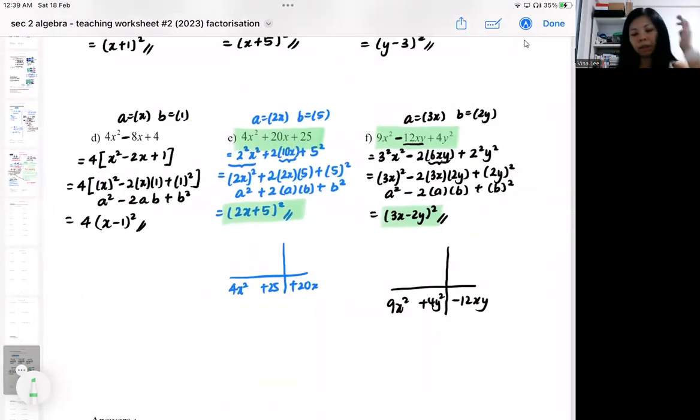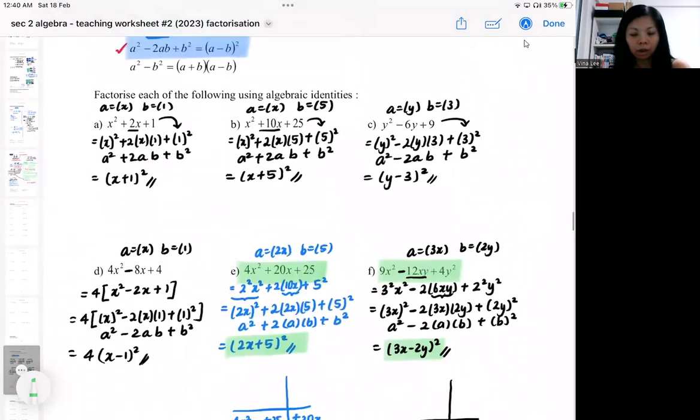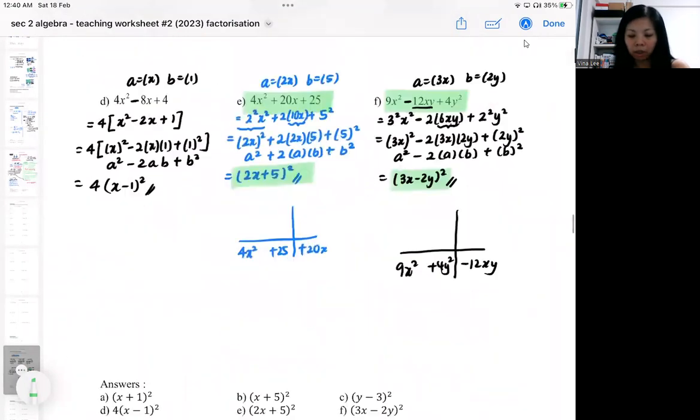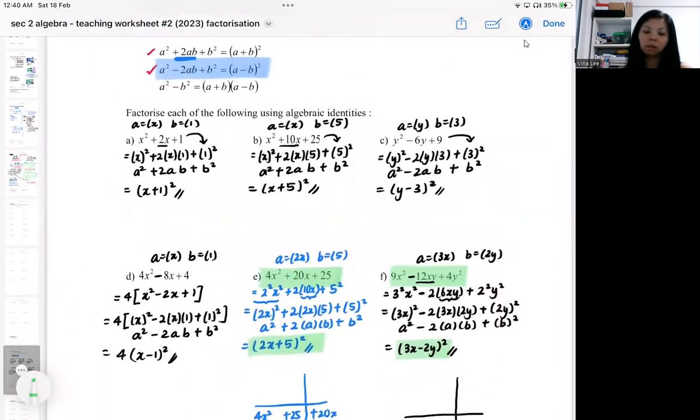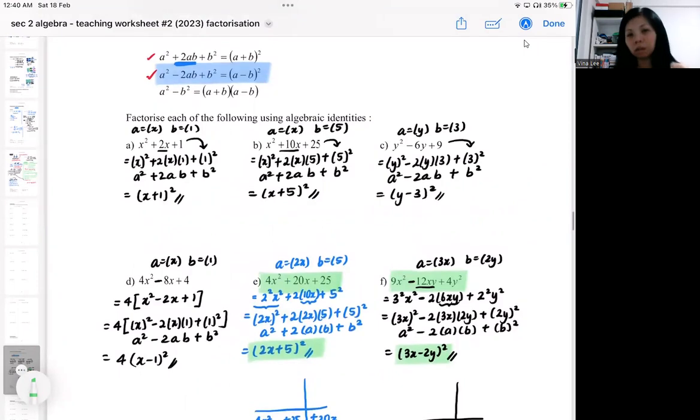So it will be advisable that you actually master it. Otherwise, you'll find that there are so many layers of work for A math. For this example, if you really cannot, then you just do your cross method. In the exam, it will still get you the same answer if your cross method is not wrong.